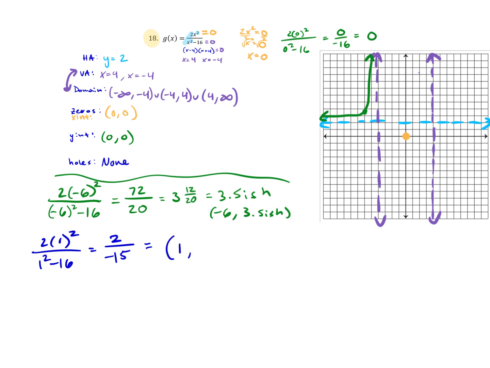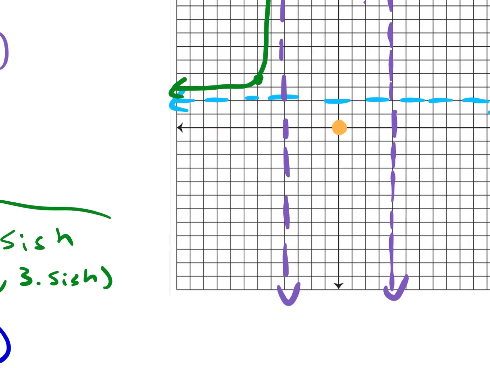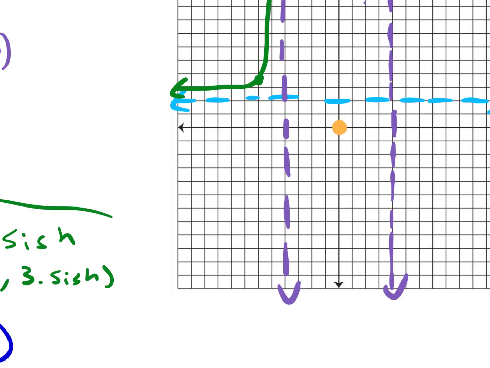So we plugged in 1. You could call it negative 0.2-ish or negative 0.1-ish, something like that. It's less than a half. So we go to the right one and down about there. It's negative, so we go below our x-axis.